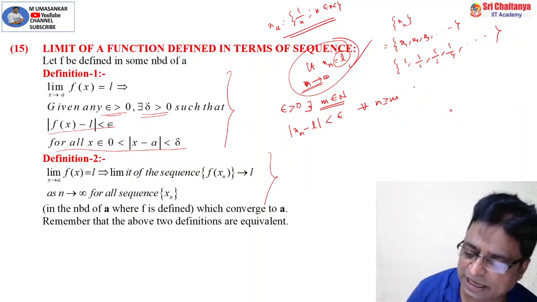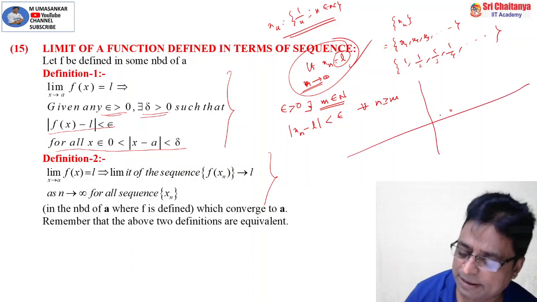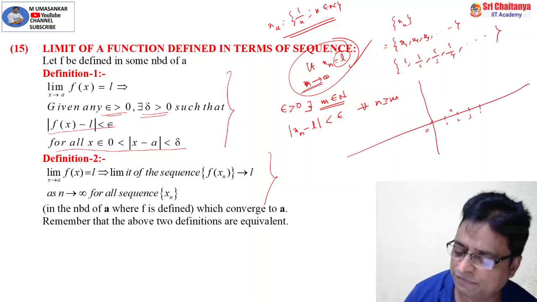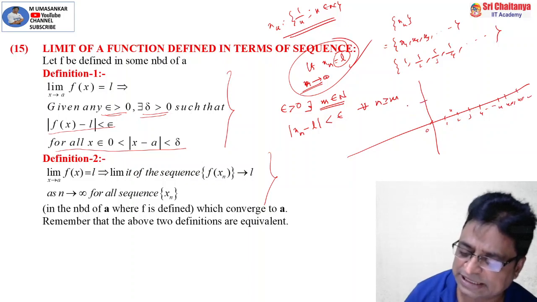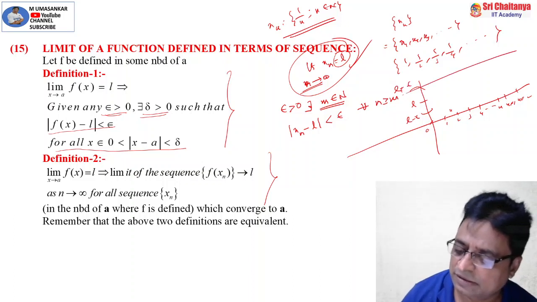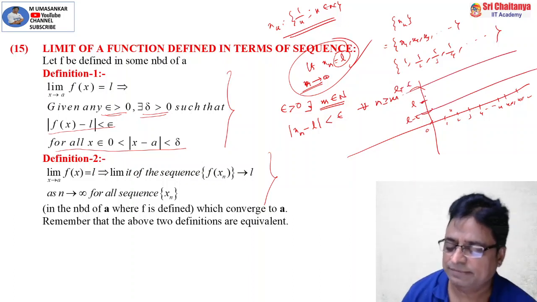See, on the real line I am taking like this: this is 0, 1, 2, 3, 4 and so on, n and so on, n plus 1, n plus 2, something like that. And this is my L, this is L minus epsilon and L plus epsilon.